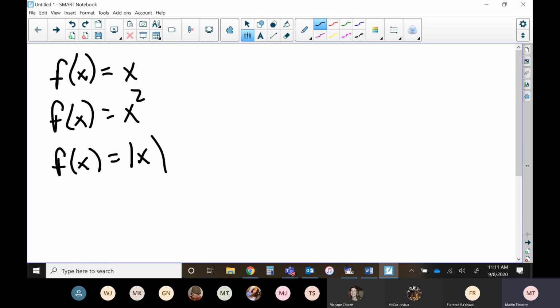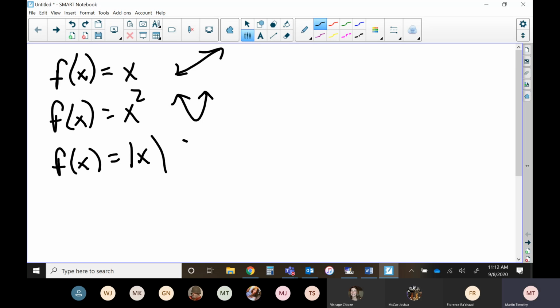What kind of shape is that top one going to be? F of x equals x. What kind of shape will that be every single time? It's going to be just a line. What is every time you see x squared going to be? This one's going to be a u, which we call a parabola. And every time it's an absolute value, what kind of shape did I say it's going to make?